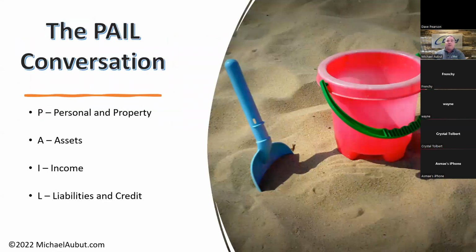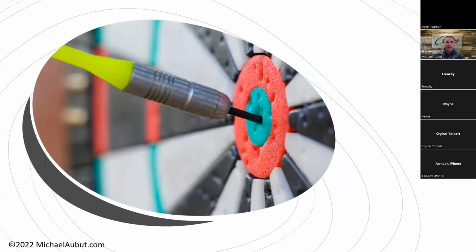So I'm going to hit this really quick again, guys, every day, because PALE is where it's at. The PALE conversation is your pre-approval process: property, assets, income, and liabilities. We are on step 4 of the Loan Officer Academy process, and that is the pre-approval process, which means we did PALE, we pre-qualified them, we sent a document request.